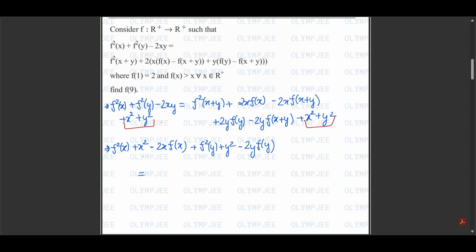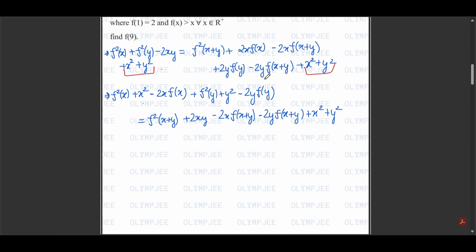So let us take this here. So we'll get f²(x+y) + 2xy - 2x f(x+y) - 2y f(x+y) + x² + y².